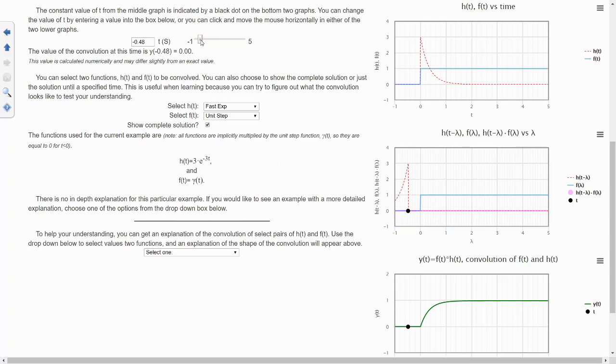So at this particular time t, these two functions do not overlap, as you can see in the second plot over here. At a later time, these two functions, f of t and the flipped and translated function h, overlap over this particular region, shown in the pink color, and that part of the product of functions f and h is integrated, and you get a single value shown by the black dot in the third plot.